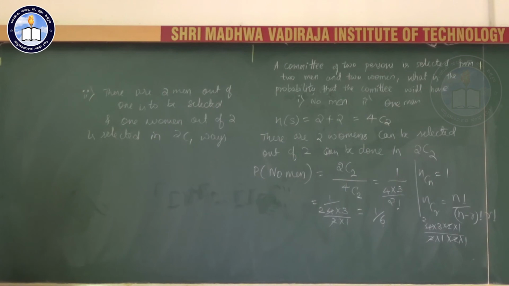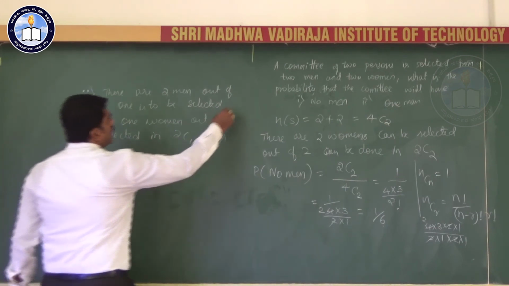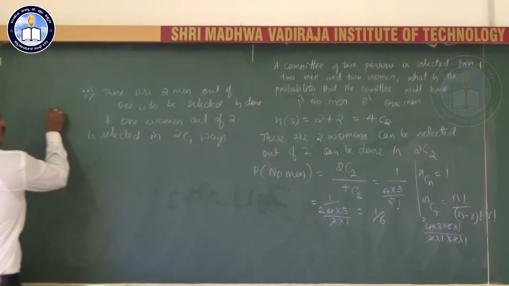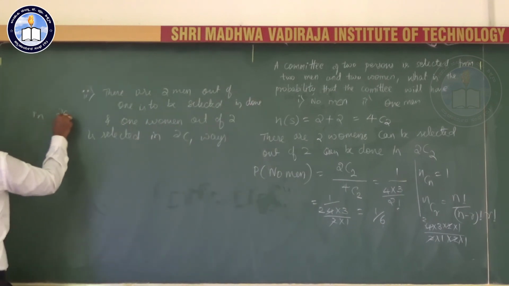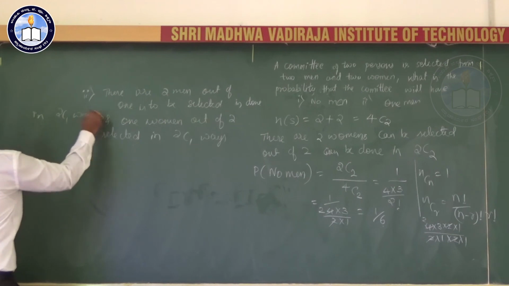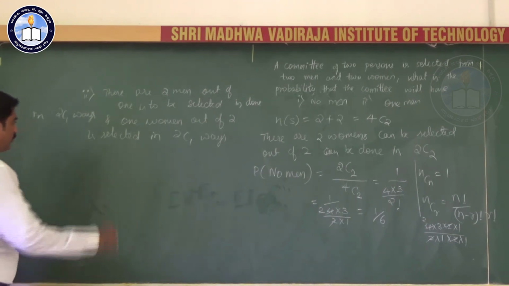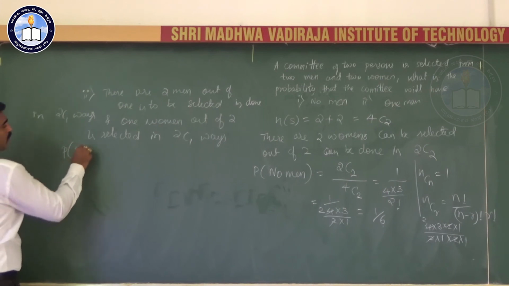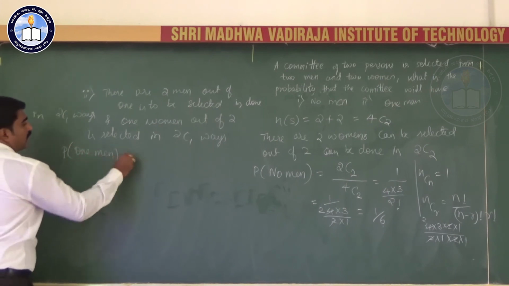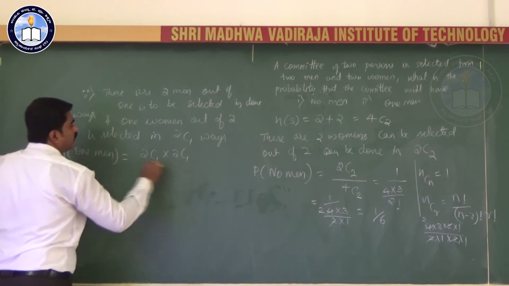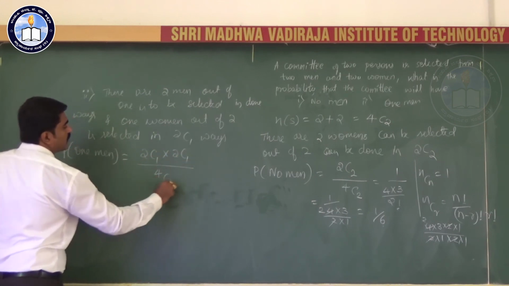There are 2 men, out of which 1 is to be selected, which can be done in 2C1 ways, and 1 woman out of 2 is selected in 2C1 ways. Therefore the probability of getting 1 man is 2C1 into 2C1 divided by 4C2.